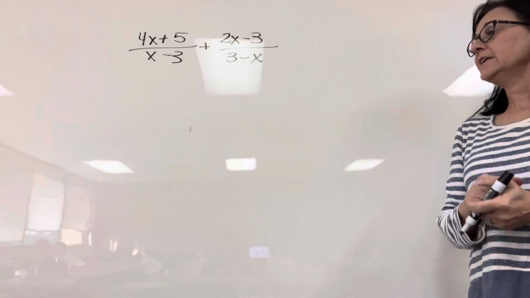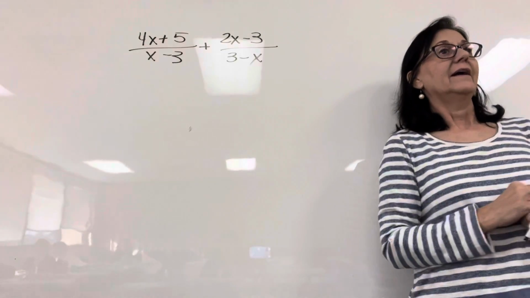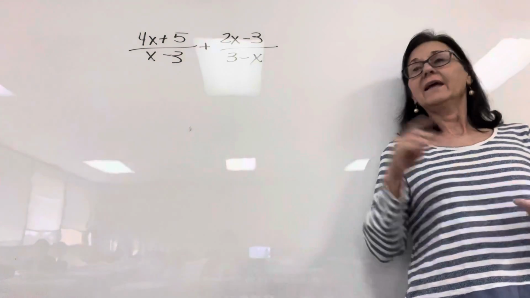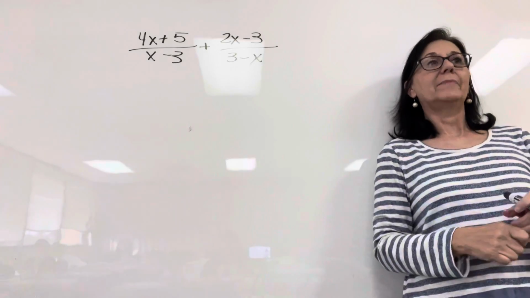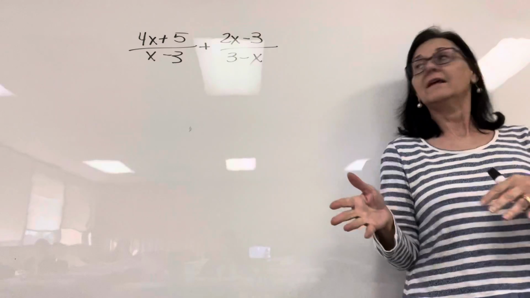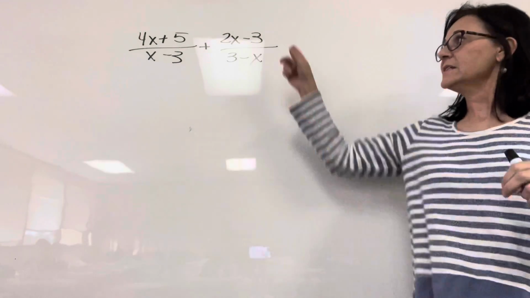If I just change the sign of one of the denominators, then I have a common denominator. It doesn't matter which one, but my preference is x minus 3, not 3 minus x. So what signs do we want to change?